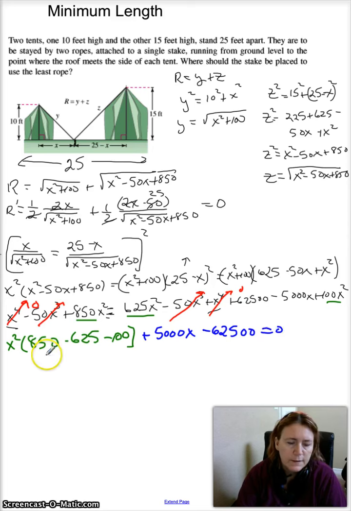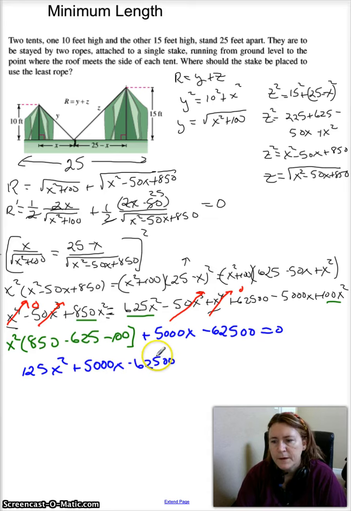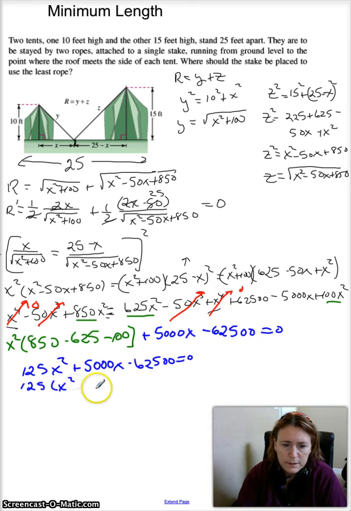So I need to rewrite this. This becomes 125x squared, oh God, plus 5,000x minus 62500. Let me factor this 125 out, and I'm left with 125 times (x squared plus 40x minus 500).